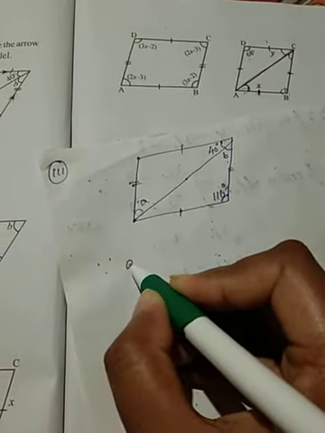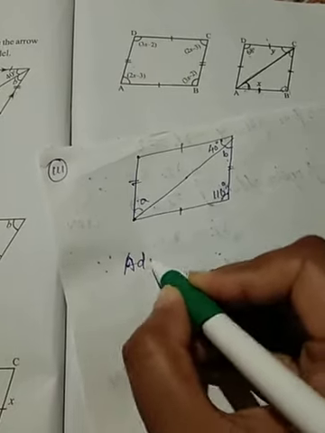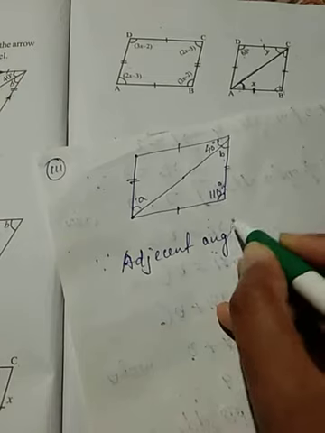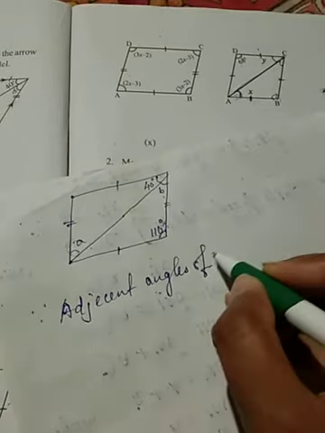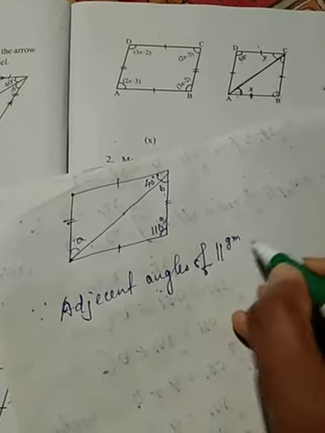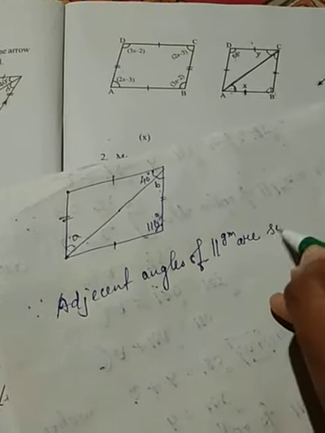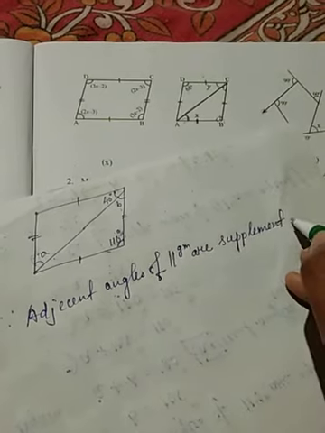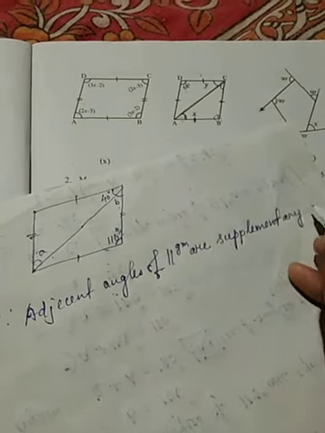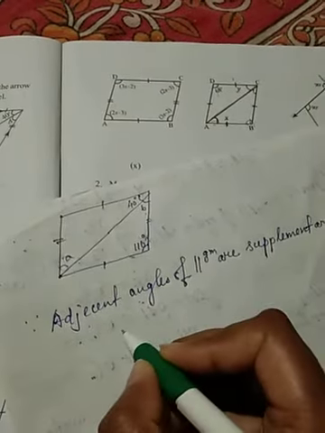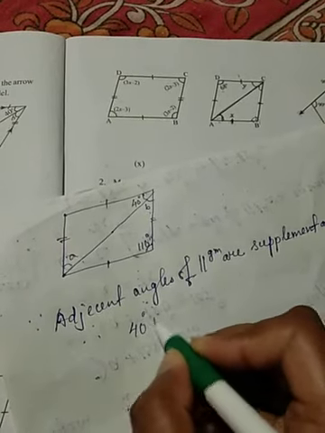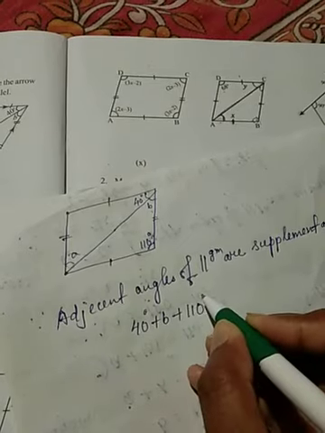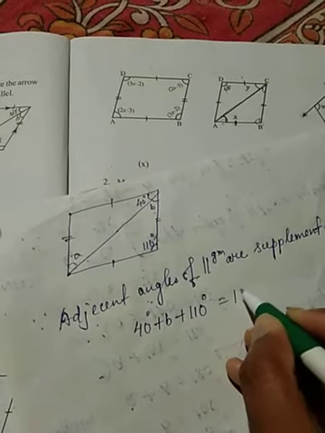Since adjacent angles of a parallelogram are supplementary, therefore 40 degrees plus B plus 110 equals 180 degrees.